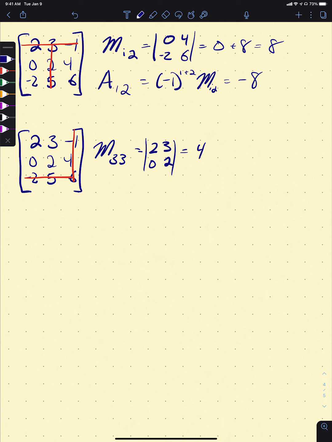And then what is our cofactor going to be? Well, our cofactor, A sub 3, 3, is going to be -1 to the 3 plus 3, okay, times the 3, 3 minor. Well, 3 plus 3 is 6, so -1 to the 6th is just going to be 1. So we're left with 4.